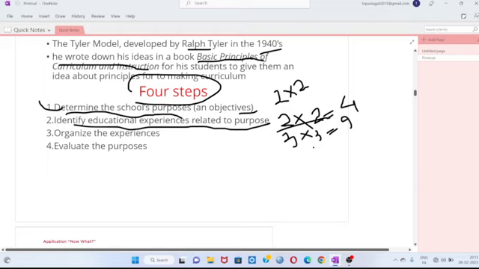The teacher will provide them: you try to solve 4 into 4. If the student solves 4 into 4 it means 16, or 4 plus 4 is 8. Like this, the experience will be organized.